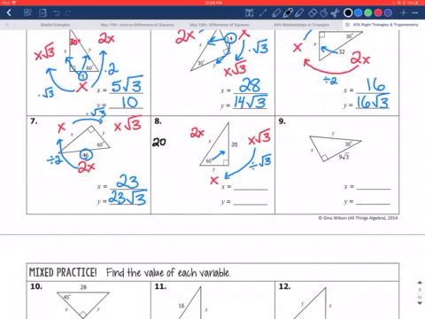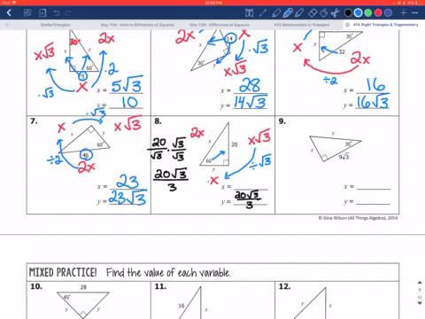I've got to divide by that square root of 3. So it's a little ugly, but that's okay. 20 divided by the square root of 3. This just means we have to rationalize, which is really not that difficult. It just is a little ugly, right? So to get to y right there, that's going to be 20 square root of 3 over 3, all right?